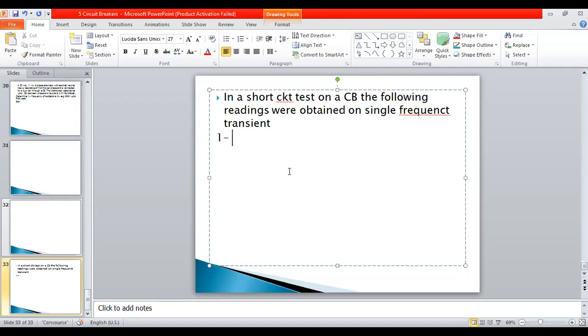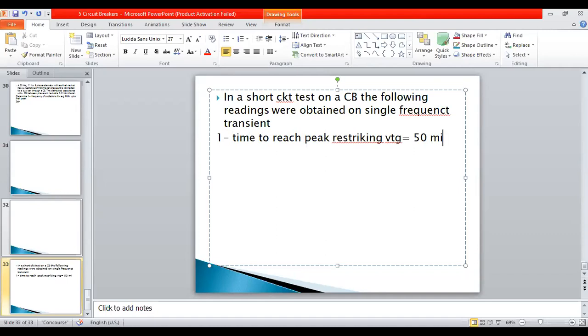The time to reach the peak striking voltage is given: the time to reach peak striking voltage is equal to 50 microseconds.